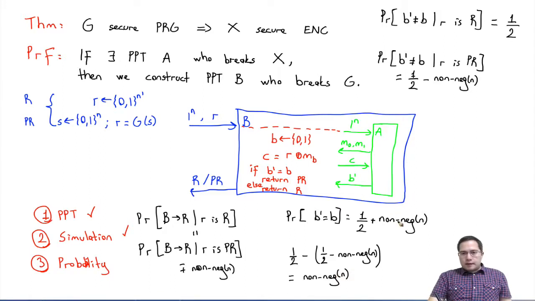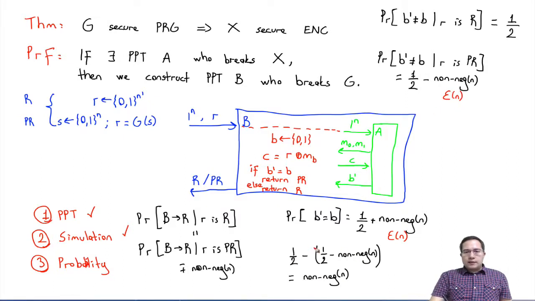There is a very similar way of arguing about this. So instead of directly saying non-negligible here, some sources say this is, let's say, 1 over 2 plus some epsilon. Now, if that's the case, 1 minus 1 over 2 plus epsilon of n will be 1 over 2 minus epsilon of n.